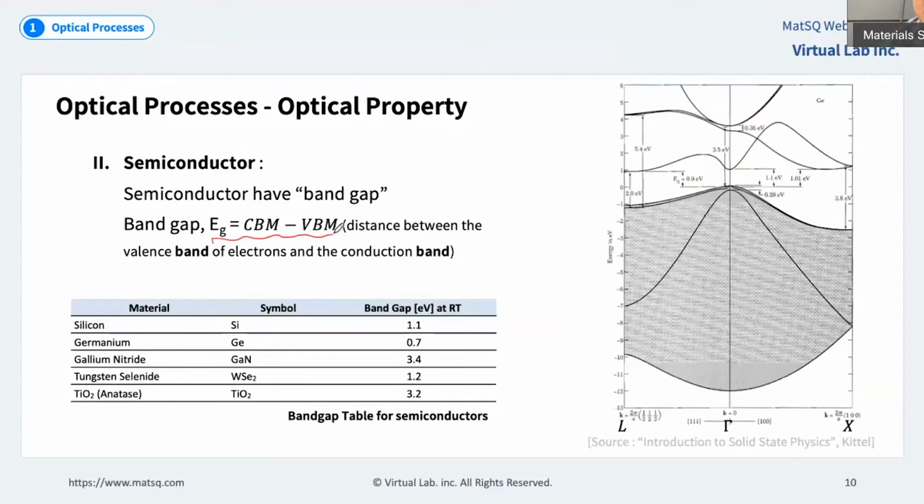The band gaps of some semiconductors are shown in this table. One of the most famous semiconductors, silicon, has 1.1 eV at room temperature, and germanium has 0.7 eV at room temperature.